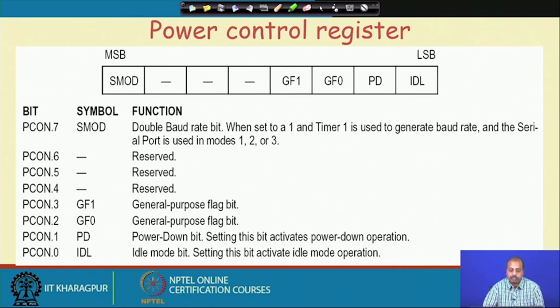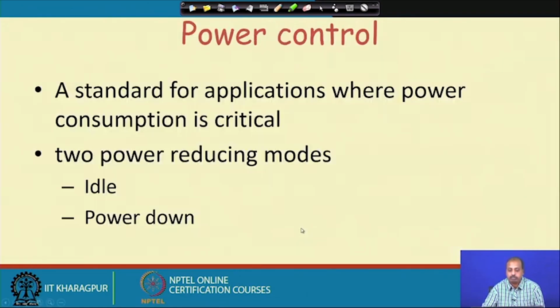Some control signals are activated by which it will tell the external world that it is going to power down mode. So, power control is standard for applications where power consumption is critical. There are many standards for this power control, like ACPI.